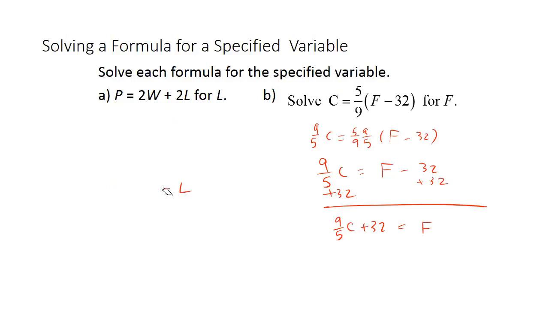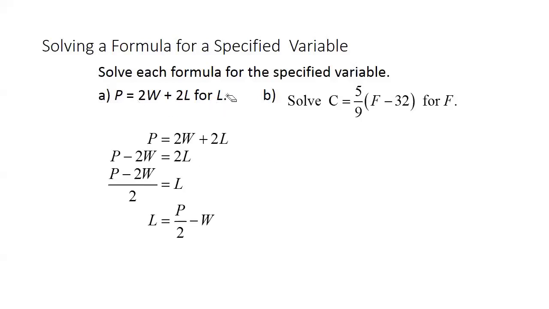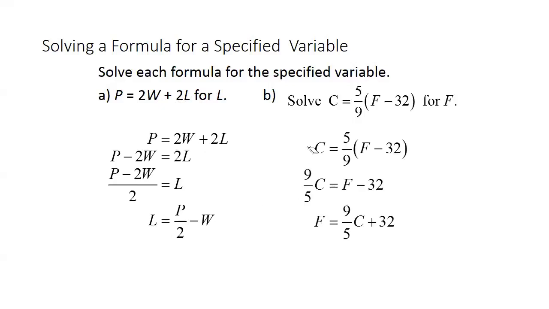Basically, you treat the other variable as a number, and you follow pretty much the same steps that you did when you solved equations. Like I showed you, to solve for L, you simply treat the other variable as a number. To solve for F in terms of the other variables, you can multiply both sides by the reciprocal and isolate F like I showed you.